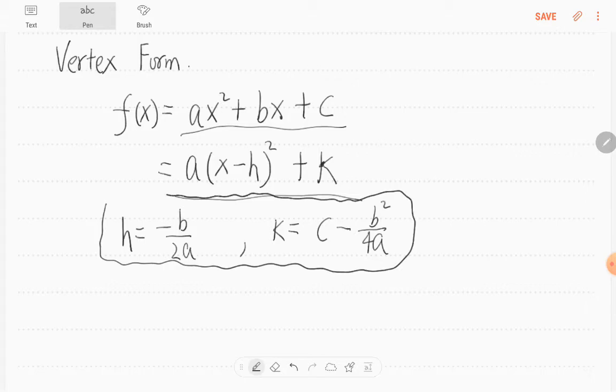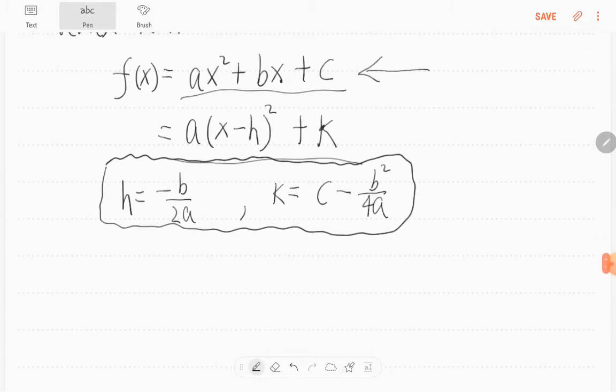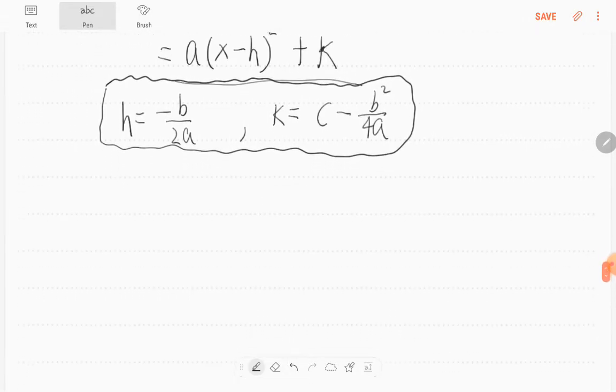We can use this formula to find the vertex form directly from the standard form. If you have the standard form, you can use this formula to find the vertex form quickly. So why are we interested in the vertex form? The reason is the vertex form can tell you much information.